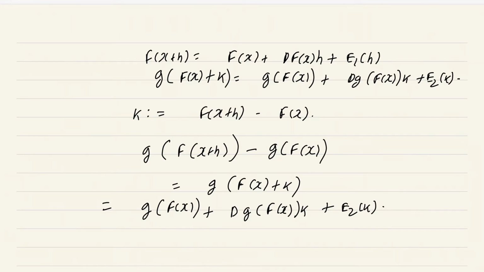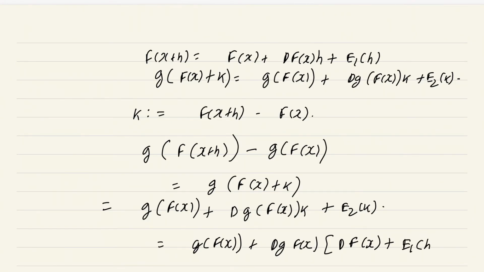So far, nothing but basic algebraic manipulations. And k is nothing but f of x plus h minus f of x, so this is nothing but df of x acting on h plus e1 of h.